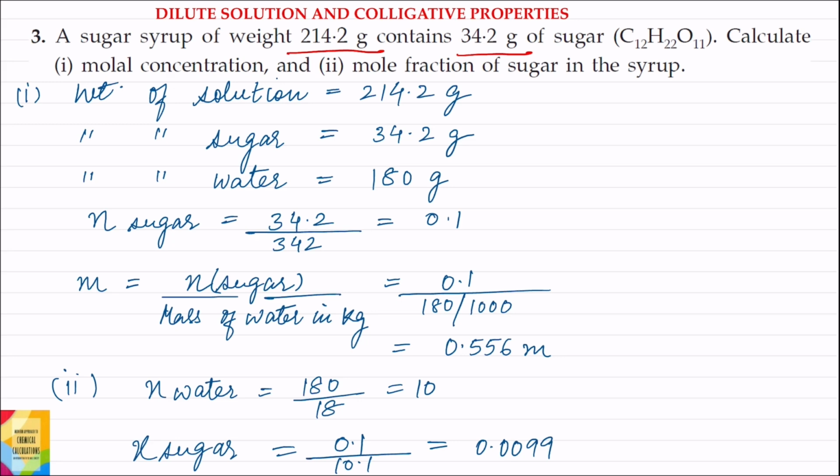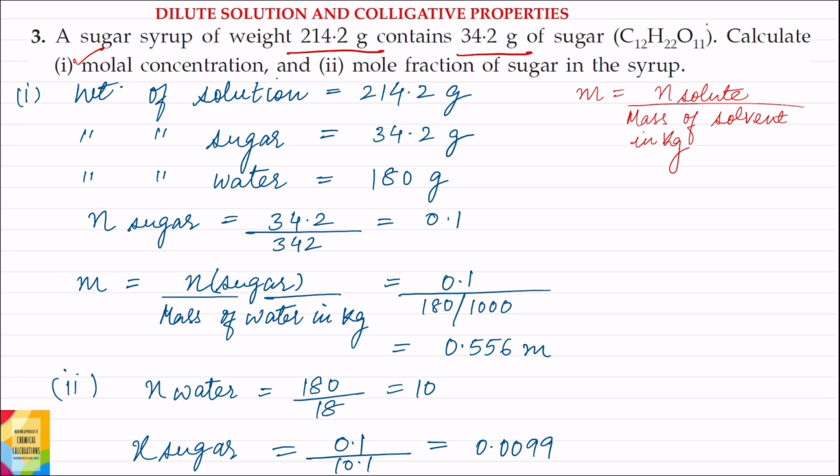Now we have to calculate molar concentration. Molar concentration means molality of the solution, और molality of the solution का formula है moles of solute divided by mass of solvent in kg. Now moles of solute के लिए we need to know weight of solute and molecular weight of solute.